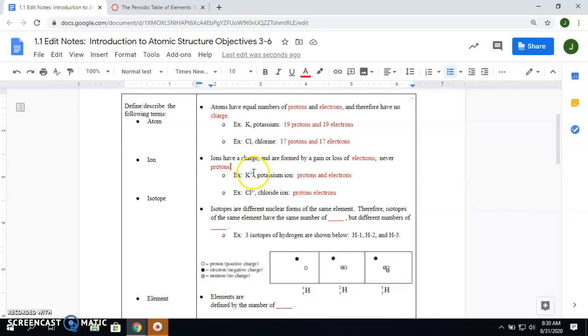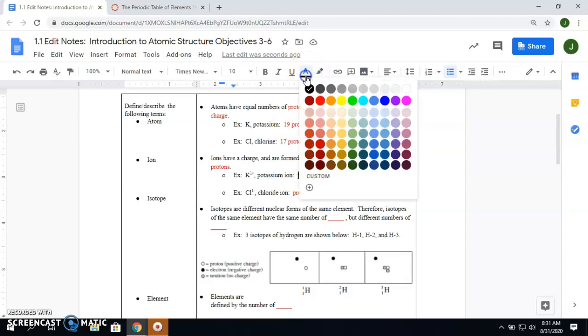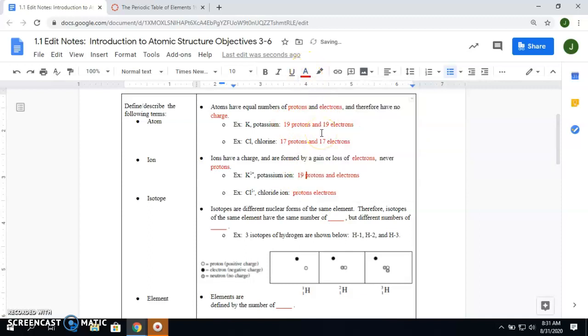See how it's got a +1 charge? Whereas a neutral potassium atom had 19 protons and 19 electrons, a potassium ion is still going to have 19 protons, but the way that it got its positive charge here is by losing a single negatively charged electron. So it must have 18 electrons.